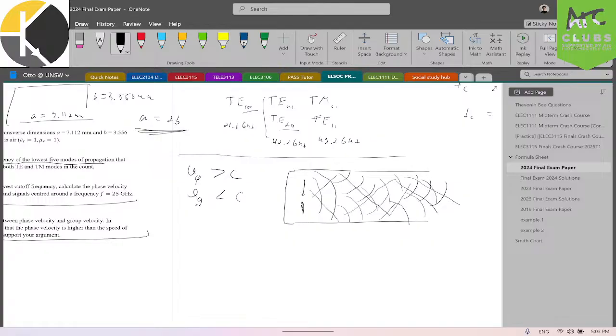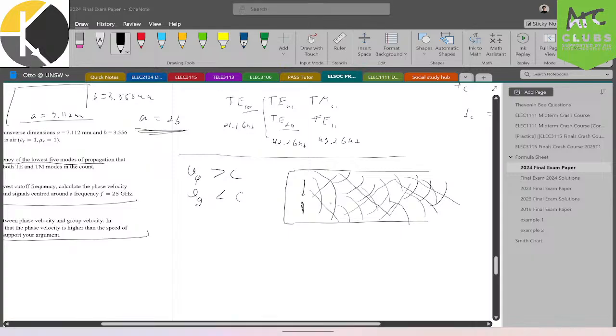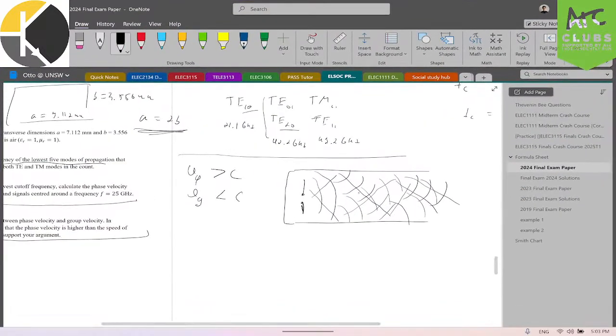The reason for this is that all those forward and backward waves are going to interfere with each other and produce peaks and troughs of the wave at sizes smaller than the wavelength. So say a peak of the wave here, a peak of the wave here.